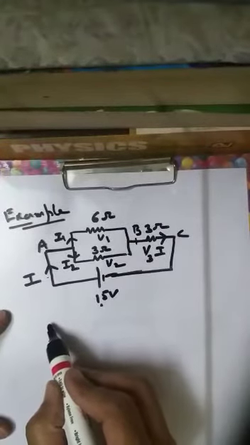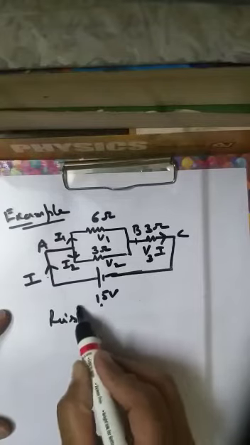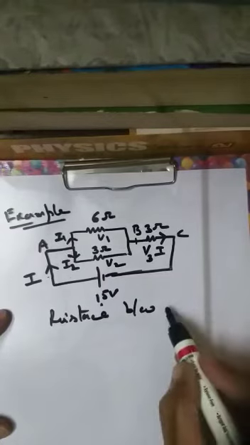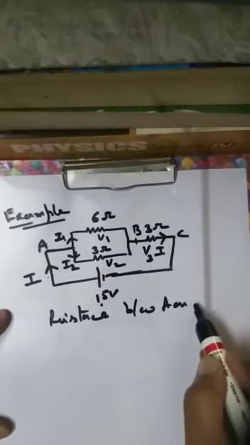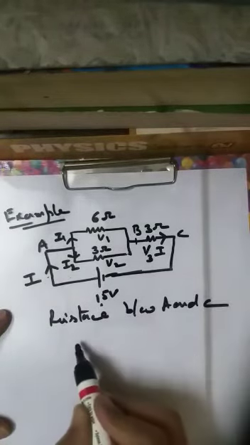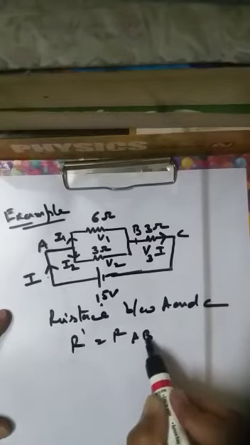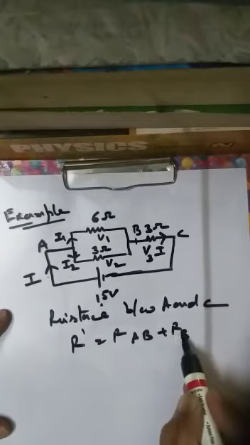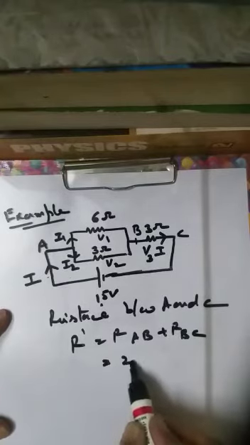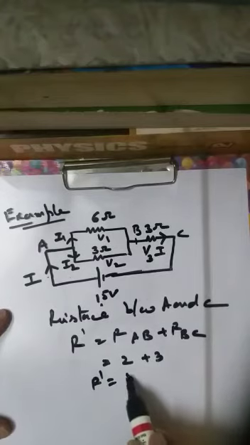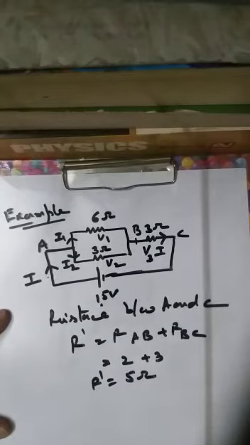Now resistance between A and C, R dash is RAB plus RBC. This we calculated 2, this is 3, and the total resistance became 5 ohm.